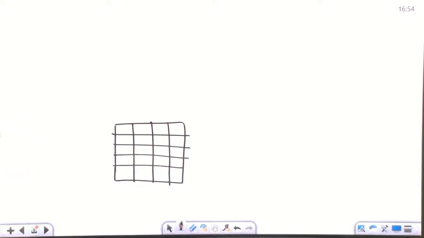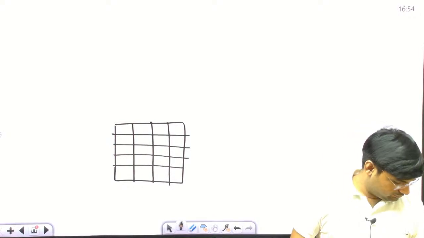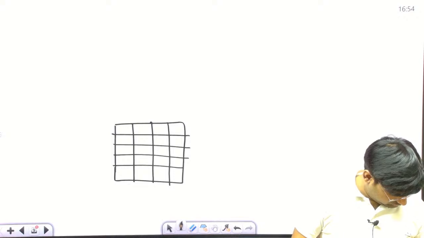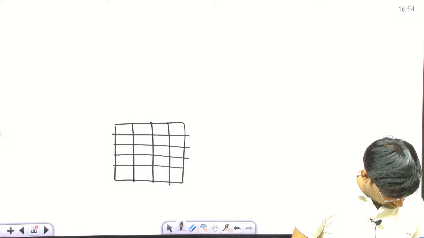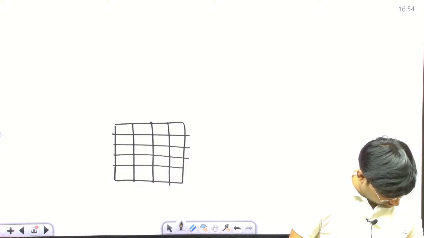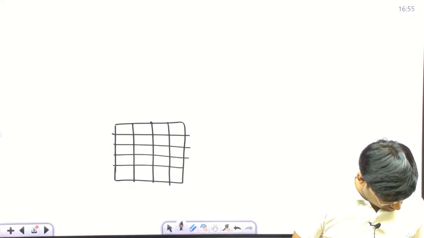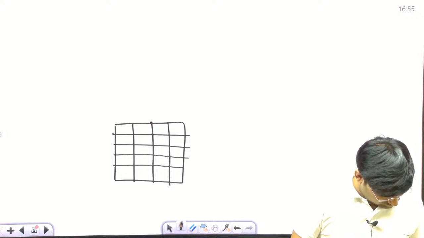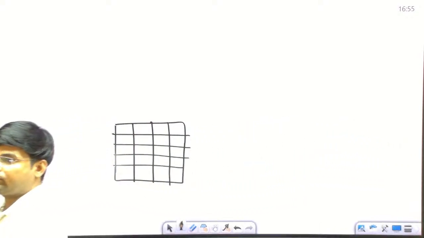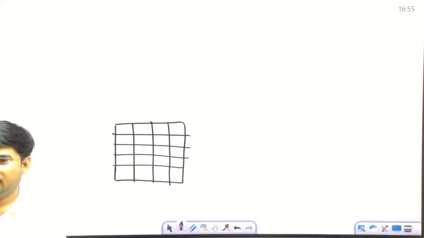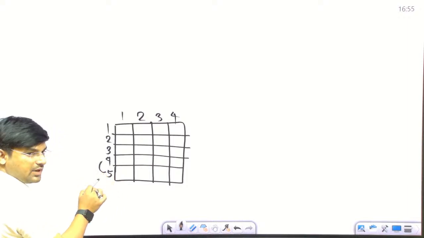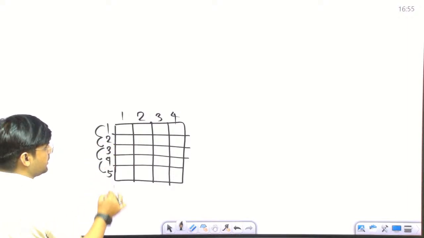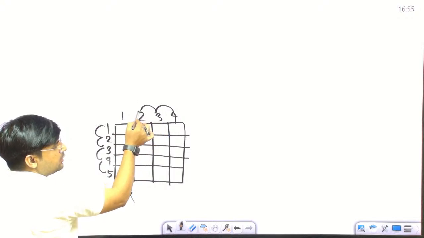How many rectangles in this figure? 1 2 3 4, 1 2 3 4 5. 5 plus 4, 9, 9 plus 3, 12, 12 plus 2, 14, 14 plus 1, 15. 15 into 10.